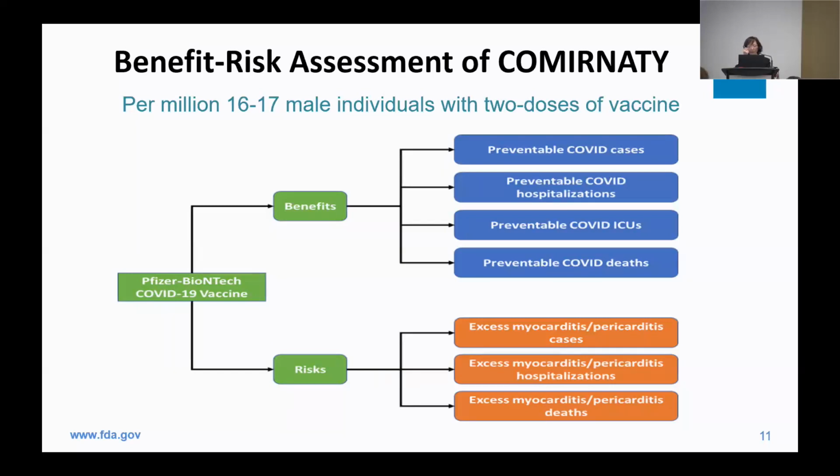The benefit we considered in this analysis includes prevented COVID cases, ICU stay and death. The risk we considered is any additional myocarditis cases related to the vaccination, related hospitalization and death.